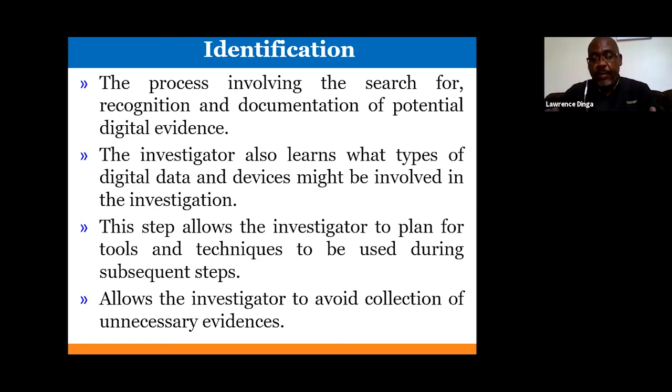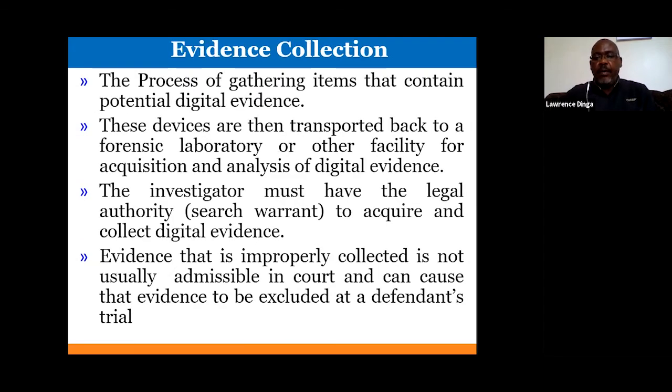So the first phase of the digital forensic process is identification. Now, the second phase is what we call evidence collection. During evidence collection, this is the process of gathering items that contain potential evidence.